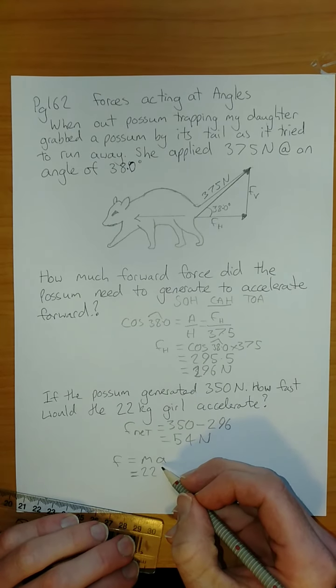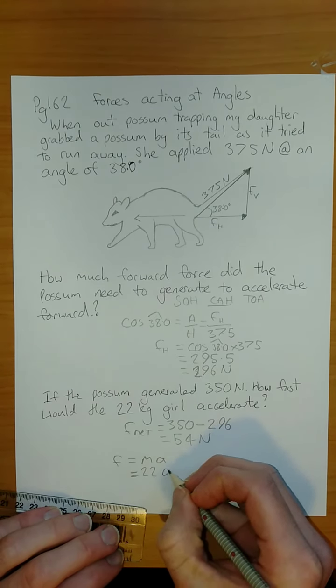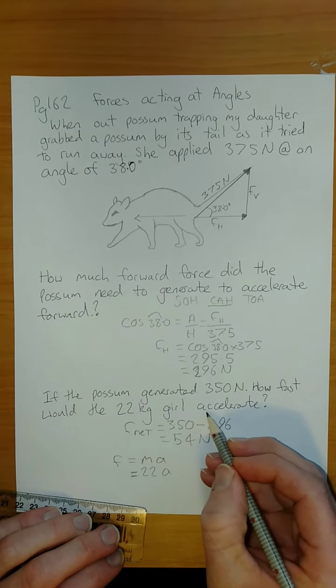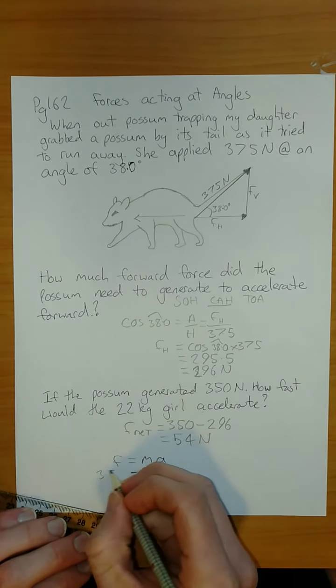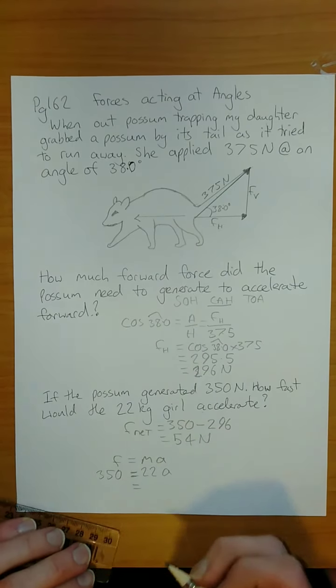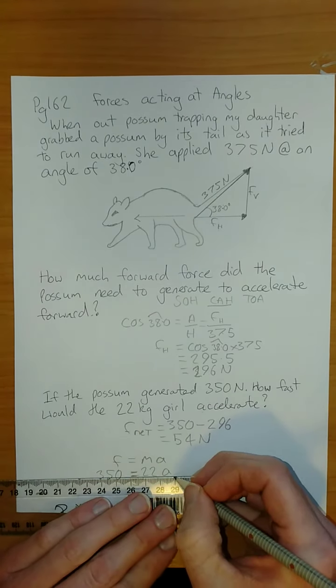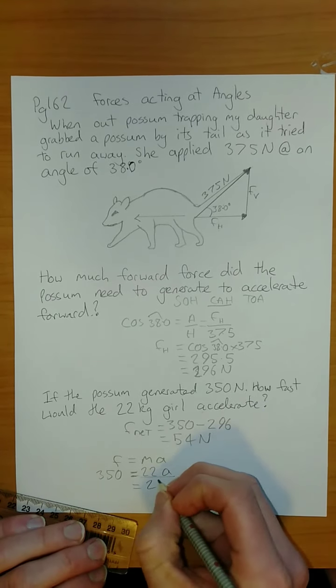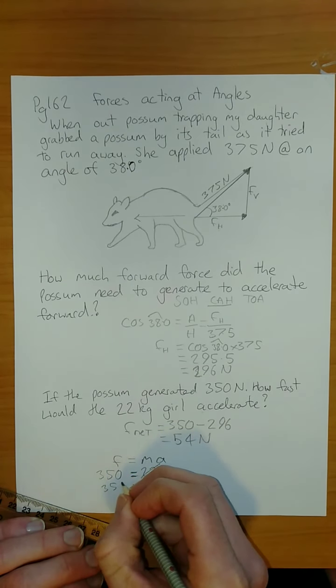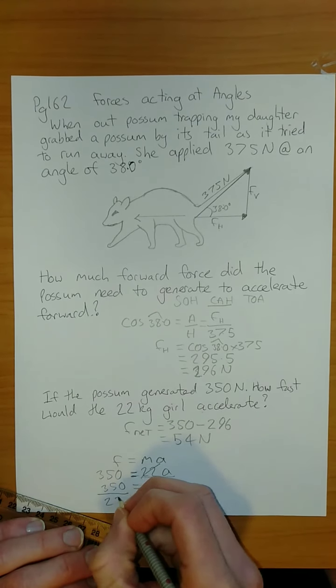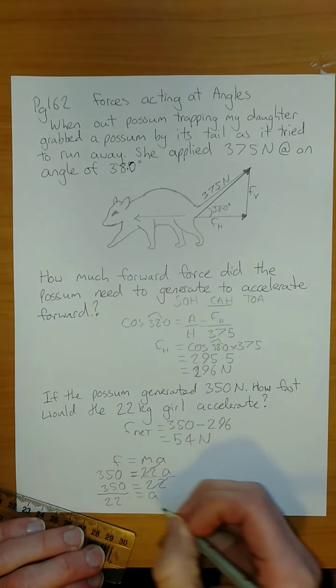And the acceleration is going to be left as a, because that's what we're trying to find out. How would the girl accelerate? We know that force is 350. Now, to rearrange this, we divide both sides by 22, and they cancel, and we end up with 350 divided by 22, and that gives us a.